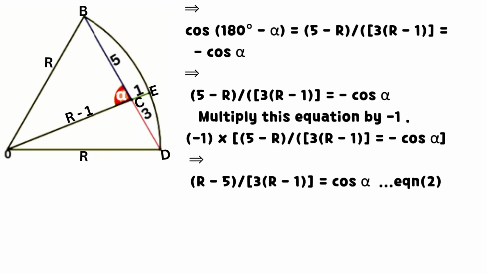Multiply this equation by negative 1, as shown on the screen. We obtain that R minus 5 divided by the product of 3 and R minus 1 equals cosine alpha. We call it equation 3.